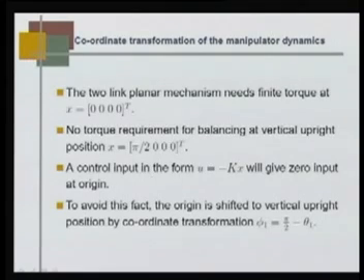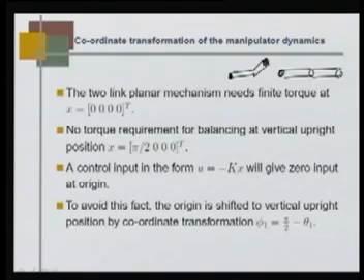So, here we do a little transformation, that is, the two link planar mechanism needs finite torque at x equal to 0 0 0. That means if I have a robot manipulator like this, and I want to keep it at the 0 0 0 position horizontally, due to gravity it will fall down.